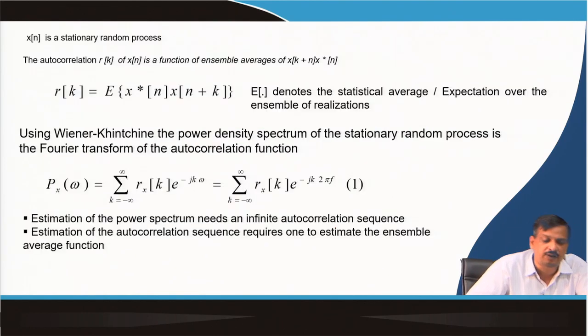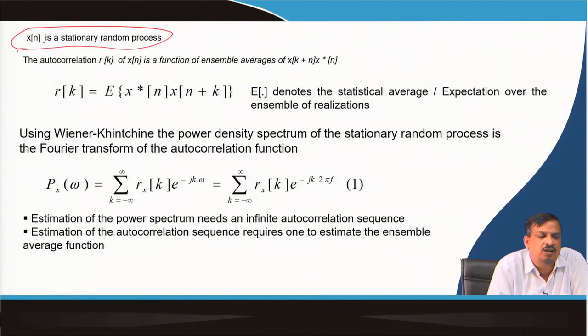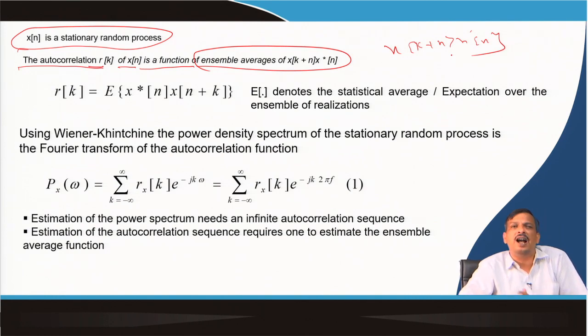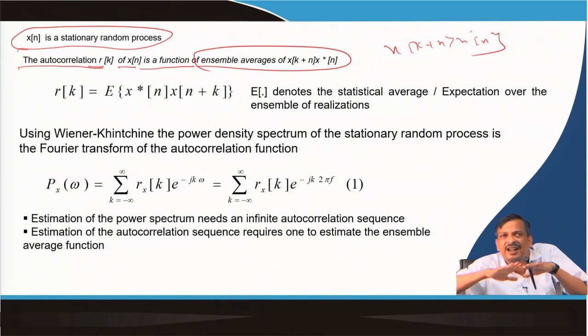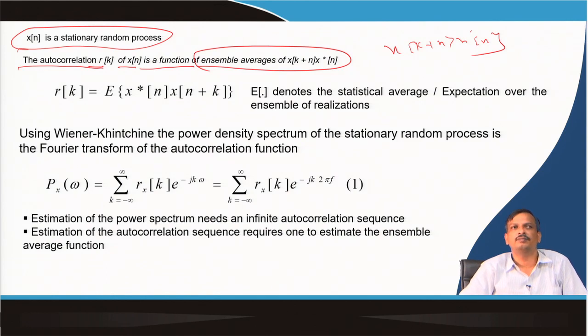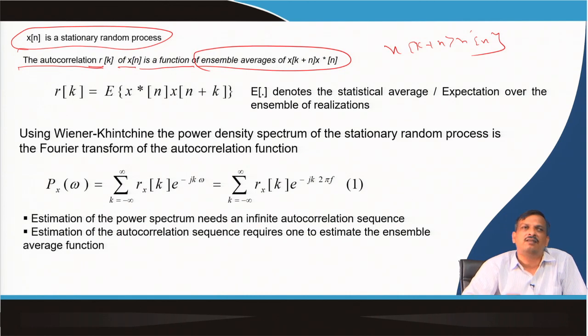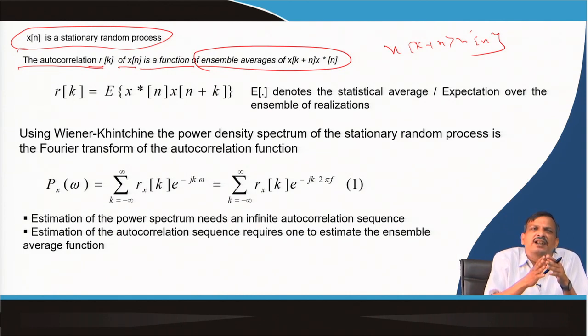So, what is the mathematics of that? Let us say x[n] is a stationary random process, a digital signal. The autocorrelation r_x[k] is the ensemble average of x[n+k] and x[n]. I have a non-deterministic, infinite energy signal. I said the power is finite, but I cannot take the infinite length of the signal; I have to take a finite length.